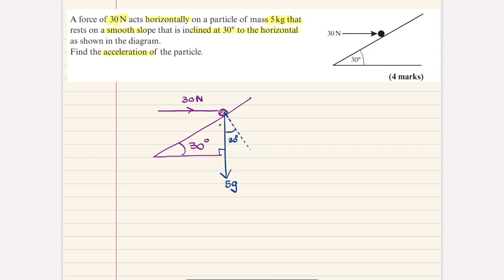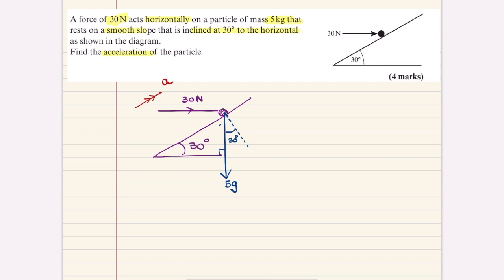Now let's assume because of this force the particle is accelerating upward. If our assumption is correct, we would get a positive answer for the acceleration. If our assumption is wrong, we would get a negative answer. That means it's actually accelerating down the plane.